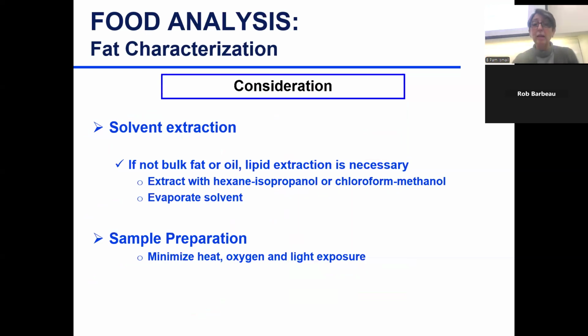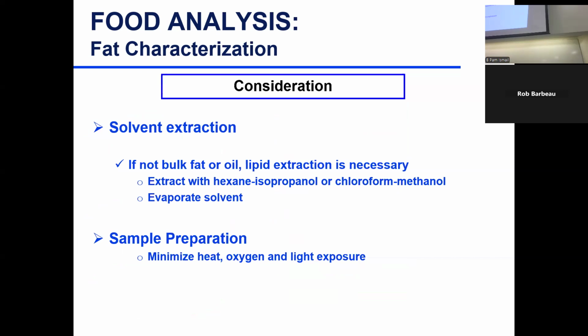Now, the last slide that I have for you before I let you go: sometimes you characterize the lipid component, the fat or oil component, in a food. The way you have to do that is to extract the oil first.